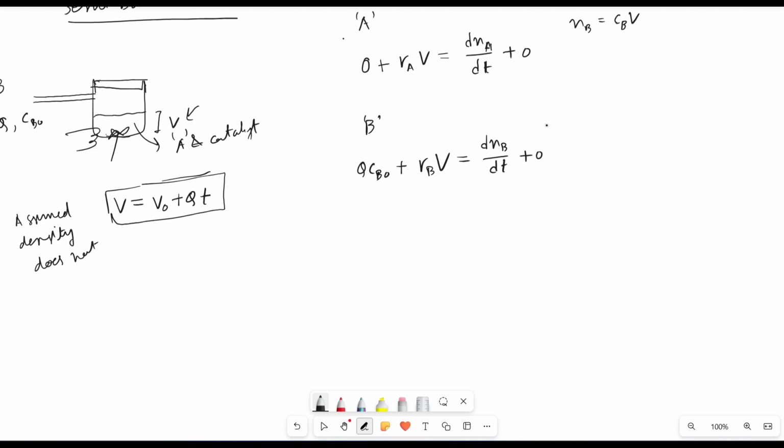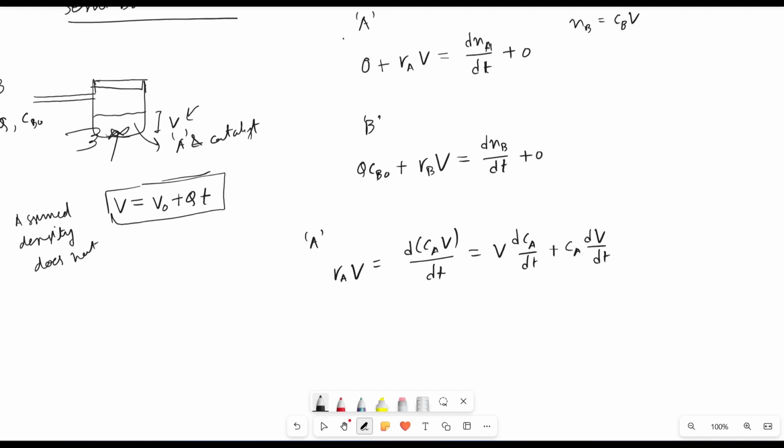So for the balance of species A, you will write RAV is equal to d(CA into V) by dt, and again you have to differentiate the V also: CA into dV by dt. dV by dt is the rate of increment of volume, and it can be obtained from here.